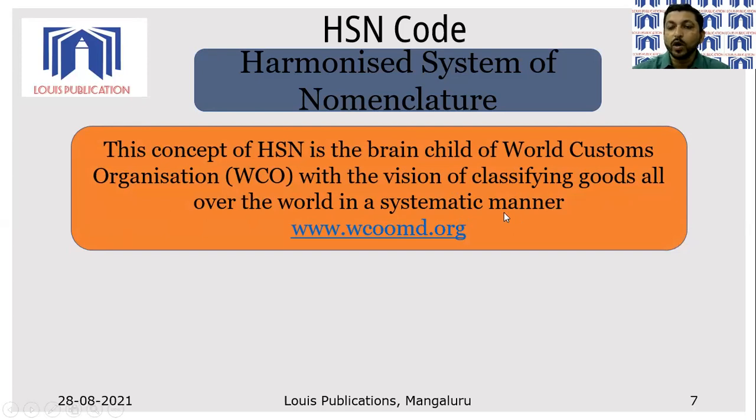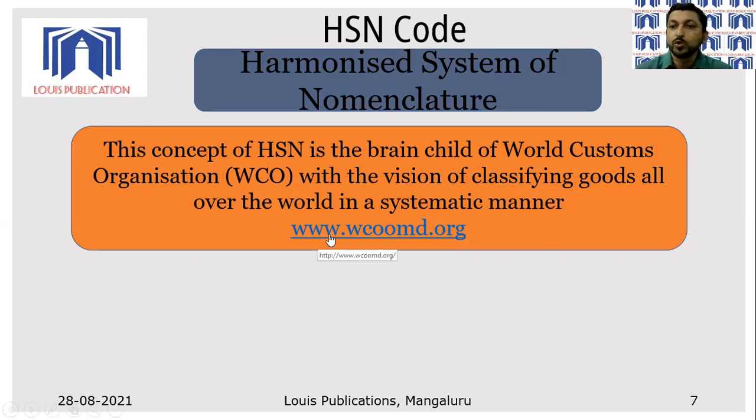So more than 200 countries are participating in this concept of HSN, and India, after passing of the GST law in 2017, has readily accepted and made the required changes in the code, the later part of the code, not the first part of the code. So the World Customs Organization has classified the goods all across the world, and it is done in a systematic manner.